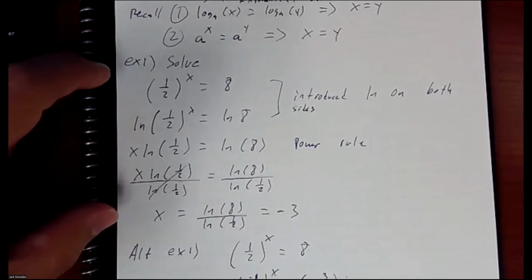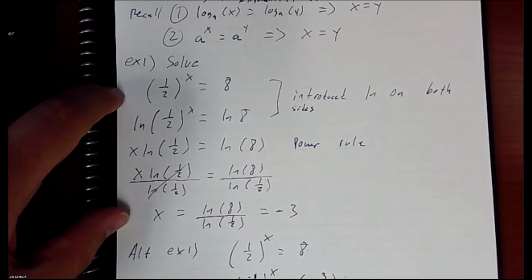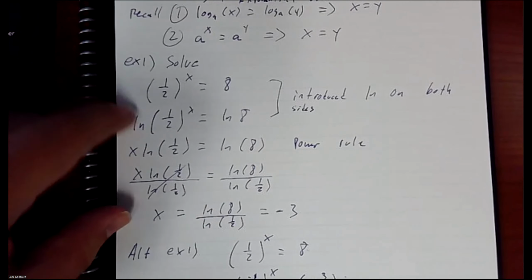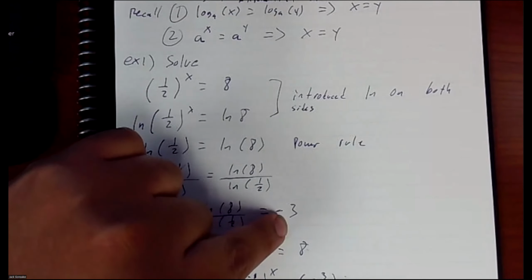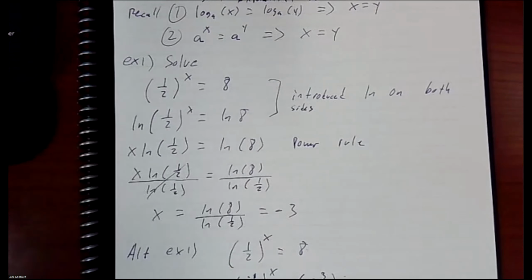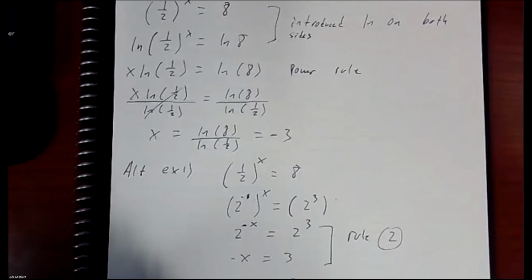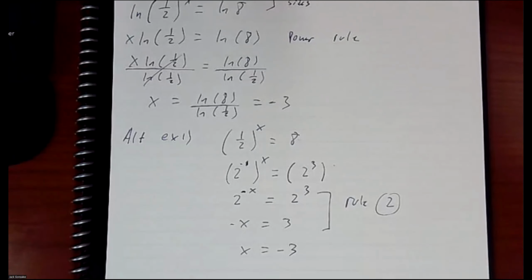That's why I prefer you just think of it this way, because this will always work. It doesn't matter if they match or not. And then your calculator can handle this part, giving you whatever they're going to get. Any questions on number 1?